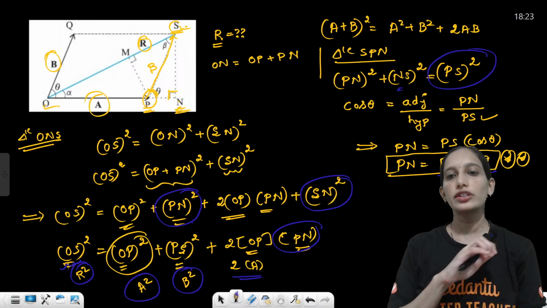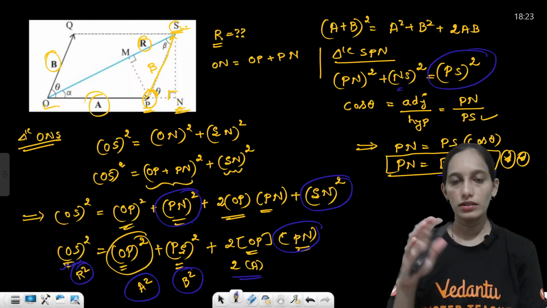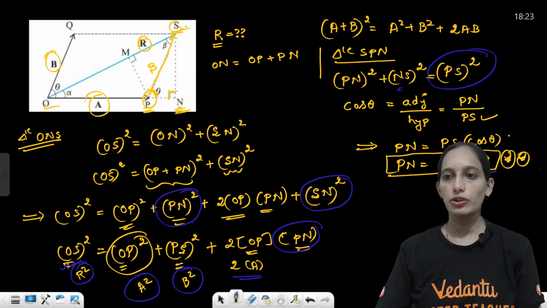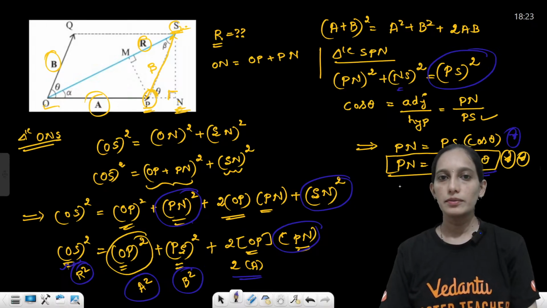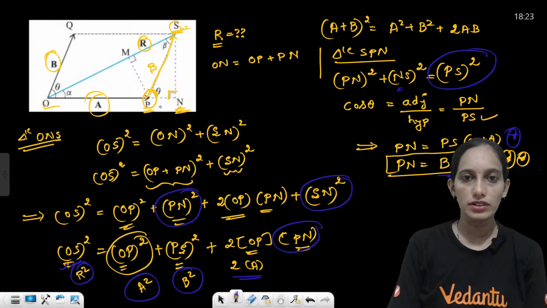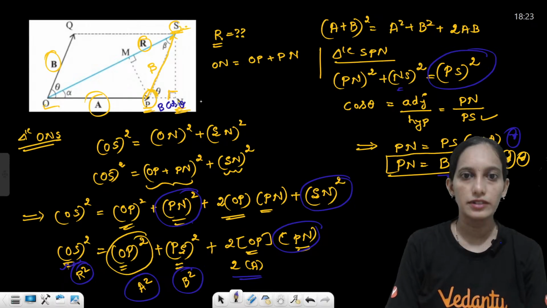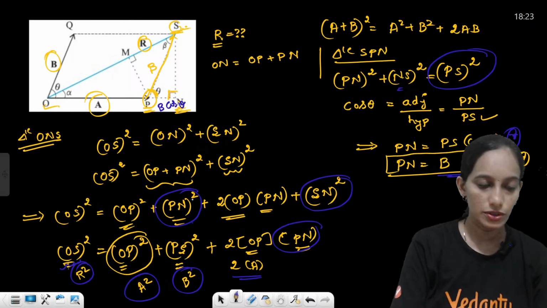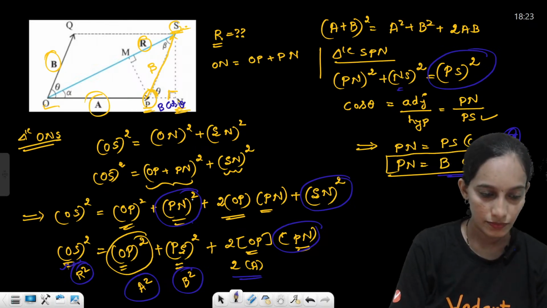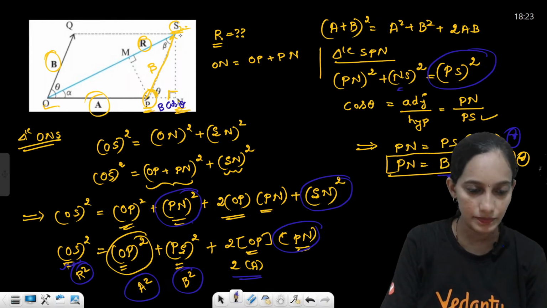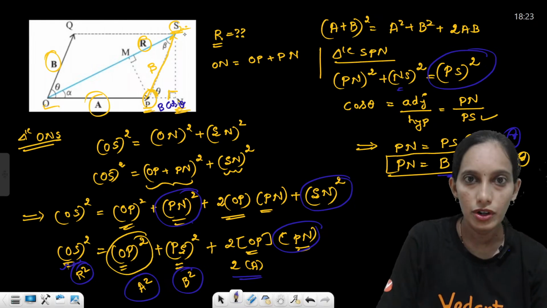Along with that, we have used the Pythagoras theorem everywhere, and one simple trigonometric substitution, that is Pn can be written as B cos theta. Is that clear? And similarly, can someone tell me what is this Sn?